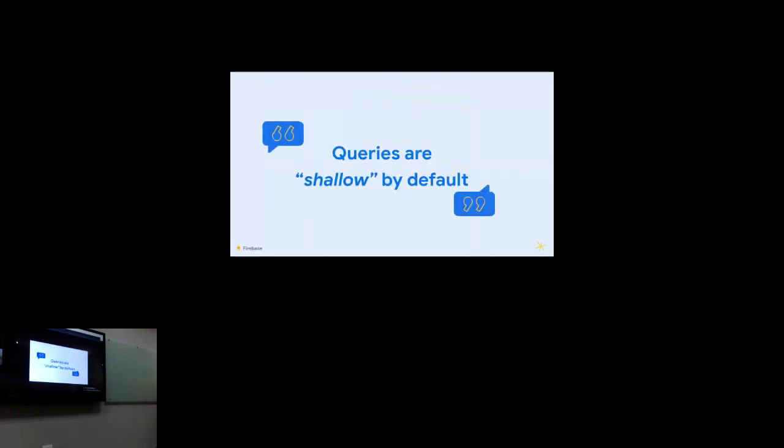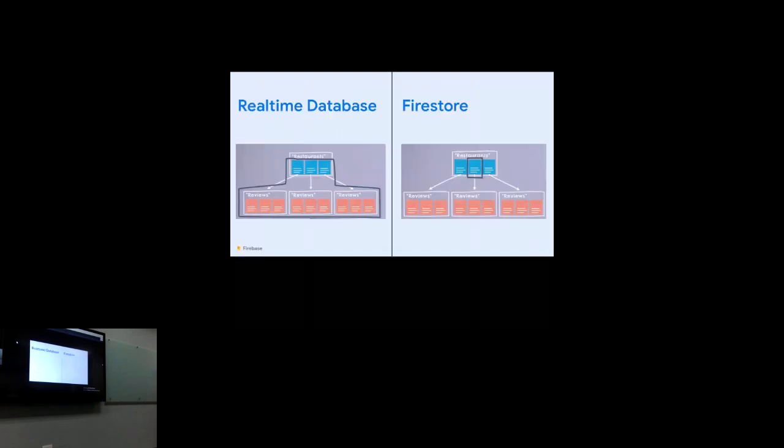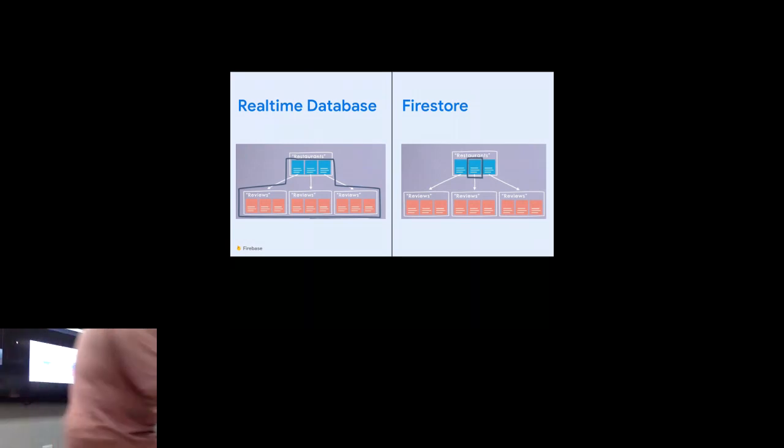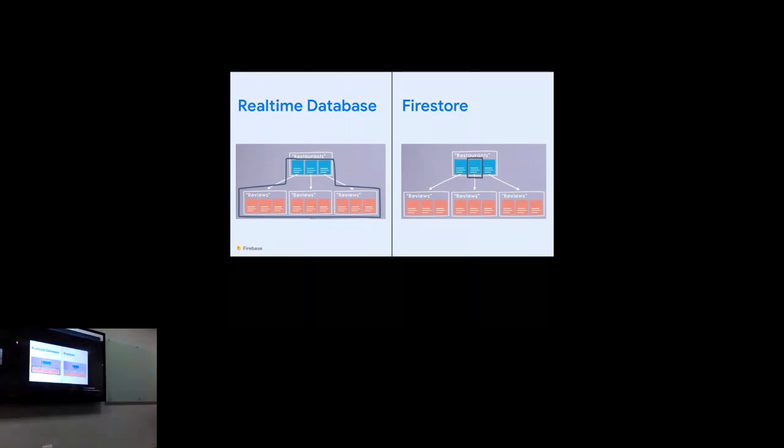Okay, so queries are still by default, as you know. After we learn more about SQL and NoSQL, now let's learn about those two technologies that Firebase has. Firebase has a real-time database, and Firebase also has a cloud platform, Firestore. What is the difference?